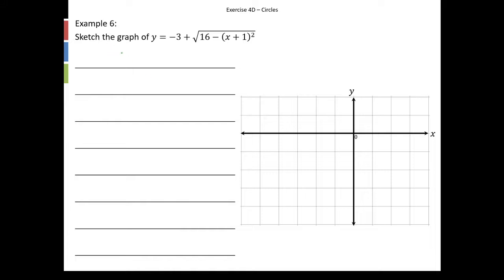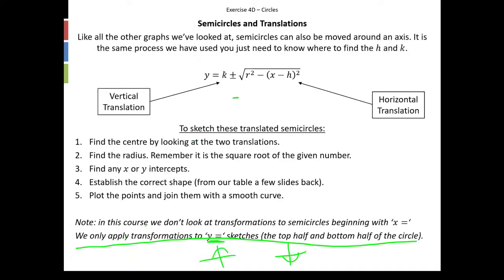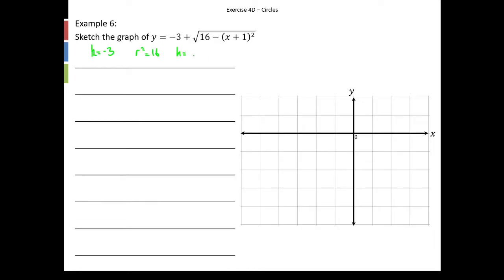Straight off the bat, I have a -3, so K is equal to -3, my R squared is equal to 16, and in this case K's sign's not swapped, the H is swapped, so H is equal to -1 and R equals 4.